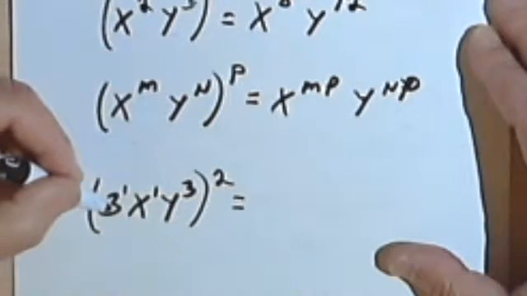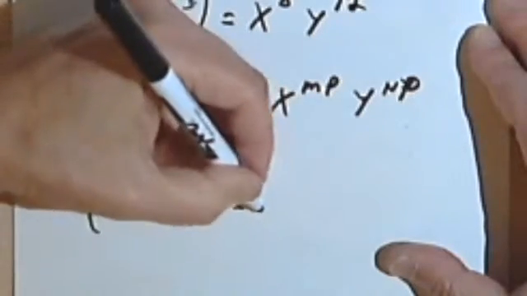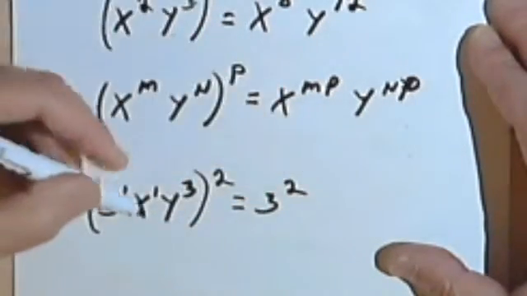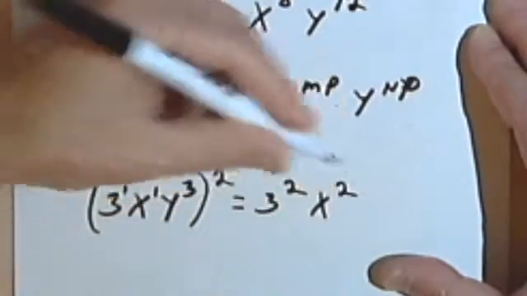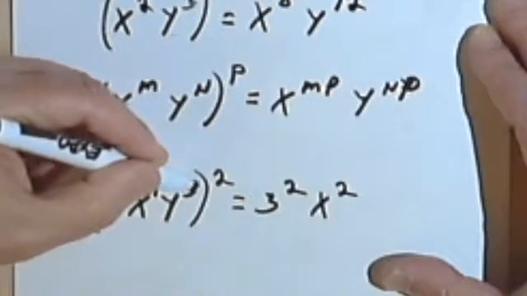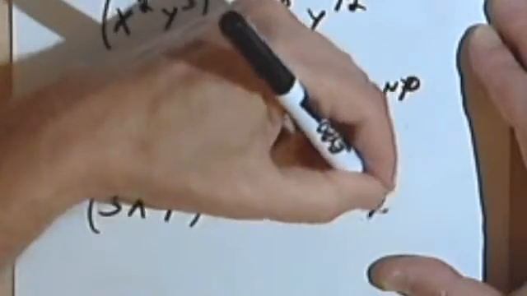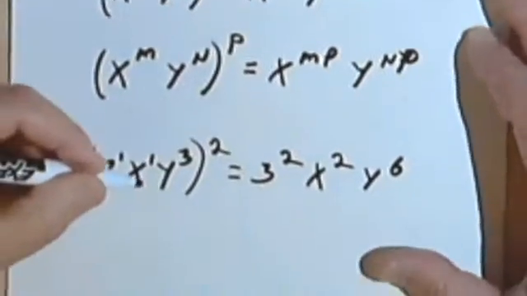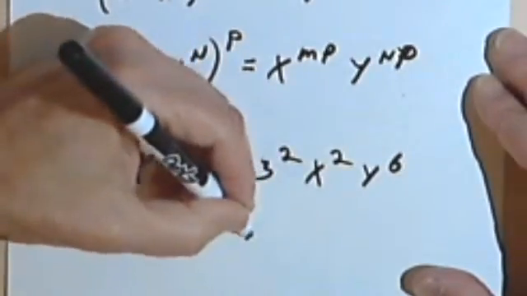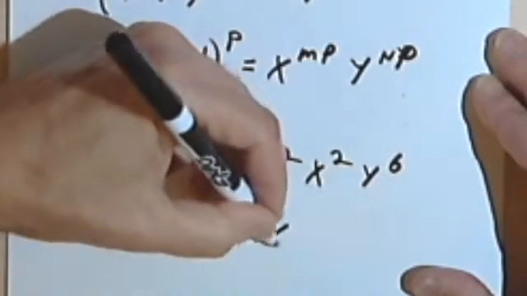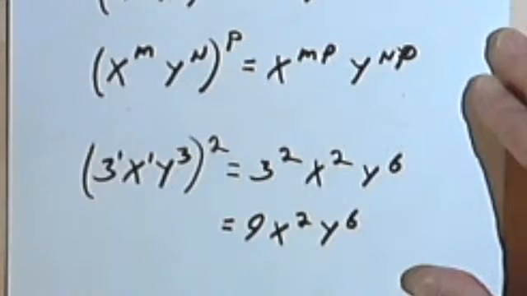So this is going to give you 3 to the 1 times 2, or 3 squared, x to the 1 times 2, or x squared, and y to the third squared, or y to the sixth. And then you probably want to actually do the squaring here. 3 squared is 9. So you're going to get 9x squared y to the sixth.